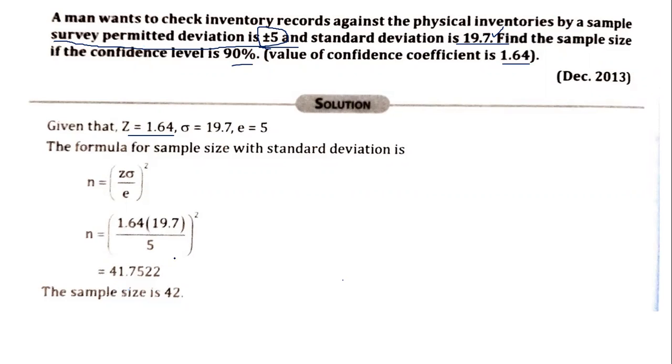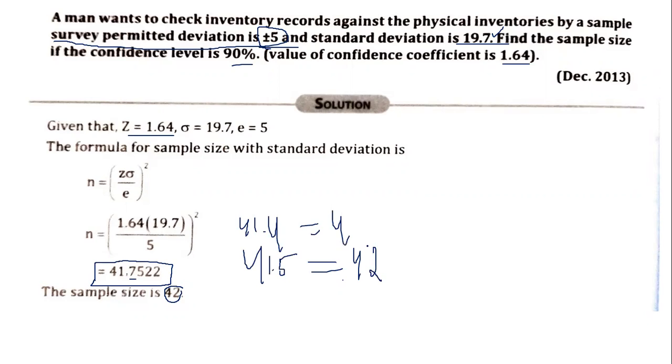Then if you simplify this, you get the sample size of 41.7522. So after the decimal point, the number is more than 5. So it should become 42. Round it off. If the number after decimal is 5 or more, then round it off. 41.5, 42. 41.4 means 41 only.